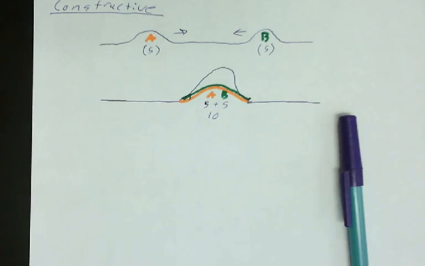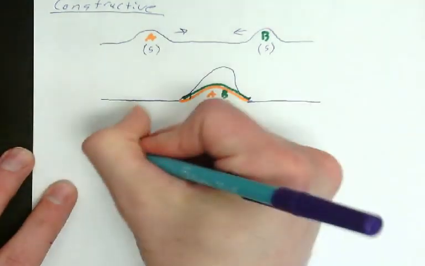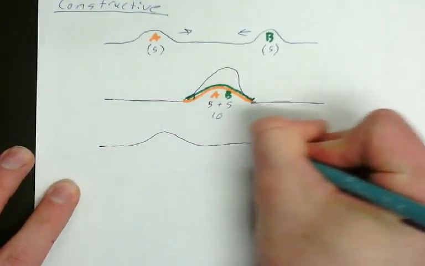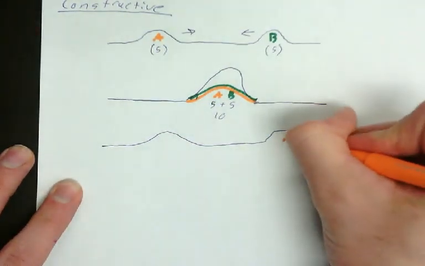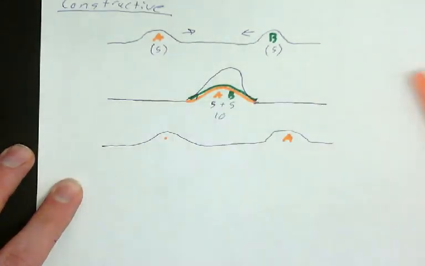You're combining the two waves together to see what you get. And then afterwards, they go back to doing what they were doing before, like nothing ever happened. But this time, A has passed through, and so has B.